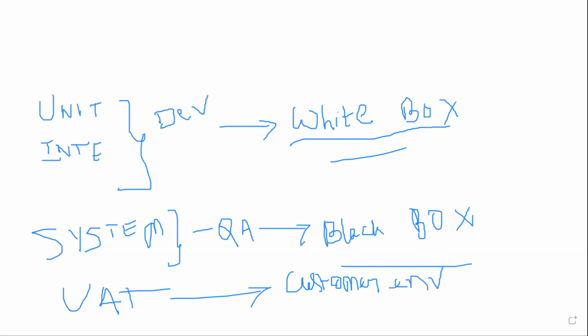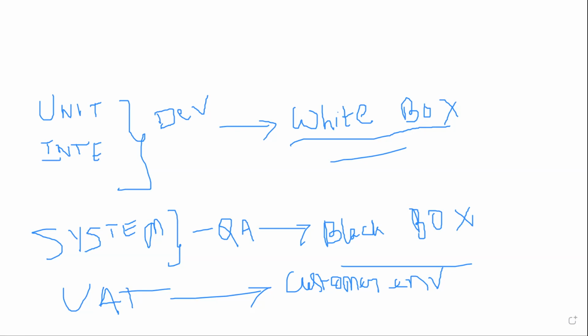It's like a customer environment. Once the QA team, the testers, are done with the testing, they will give it to the customer by saying that we did not find any issues and everything is good, so you can go and deploy in your own environment. The customer doesn't directly deploy in the live environment. Before going to the live environment, they will deploy this software or application in their own environment, which is called UAT.